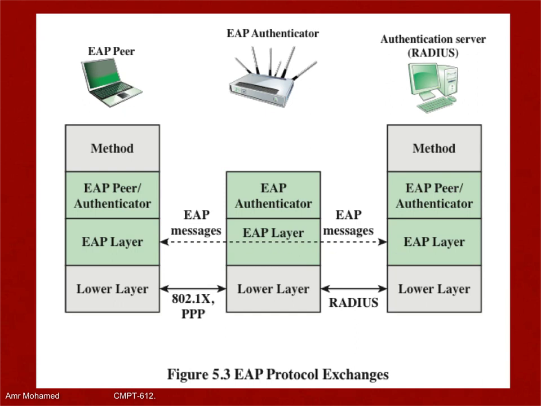So pass-through messages means that the EAP messages, which encapsulate the authentication messages, go through the authenticator, but the authenticator doesn't do anything with them. It just relays them to the authentication server. So the EAP messages for the EAP authenticator are called pass-through messages.